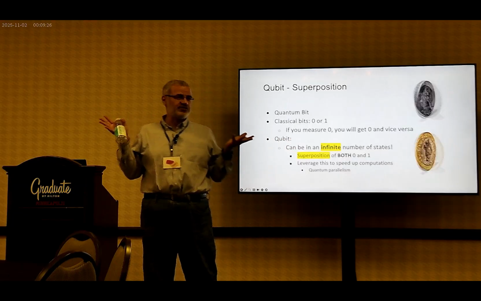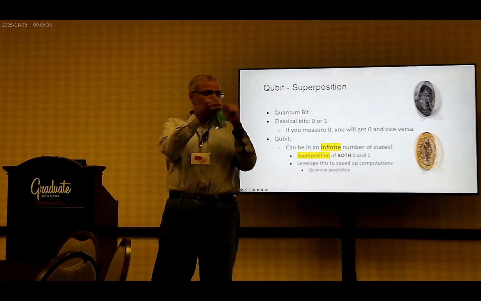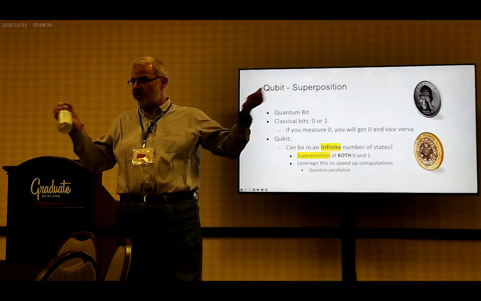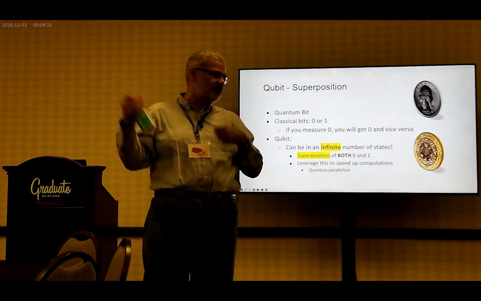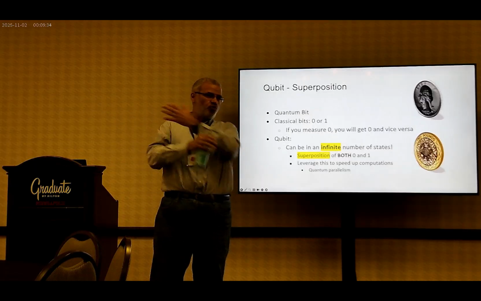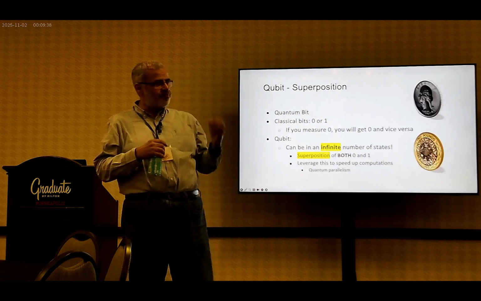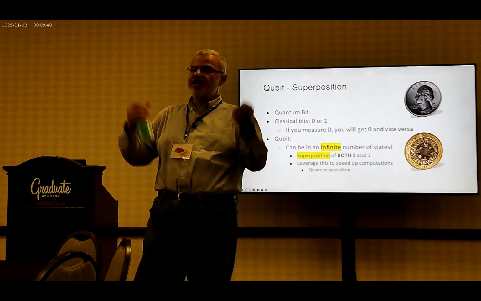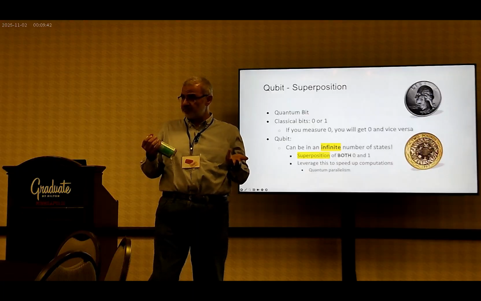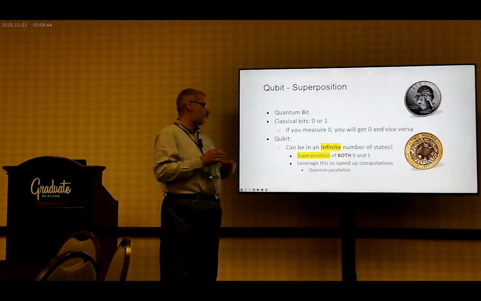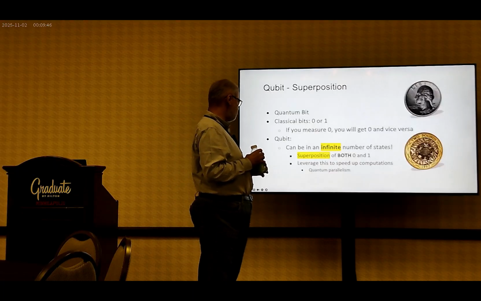Infinite. Why? Because the amount of mix is arbitrary. It can be 90-10, it can be 80-20, it can be 75-25. So you have a continuous range of probabilities. So a qubit can be in one state out of an infinite number of possible states, which is much richer than classical computing.